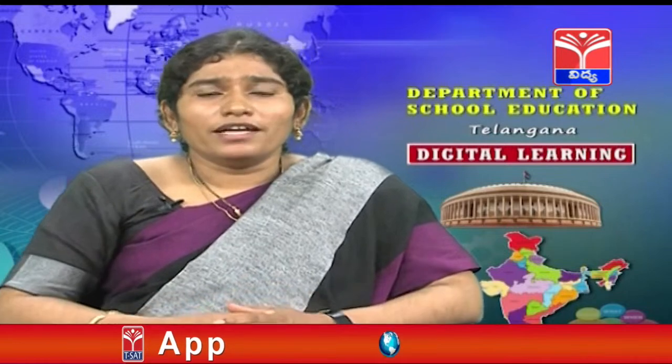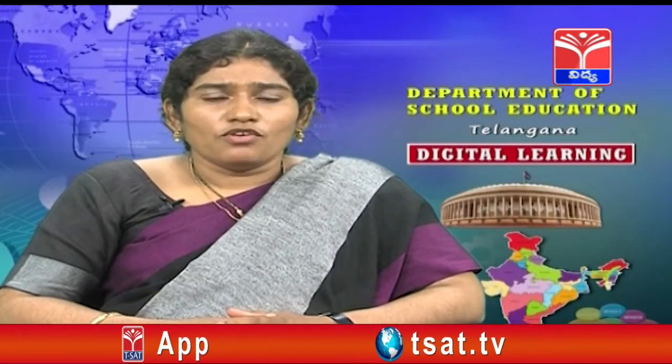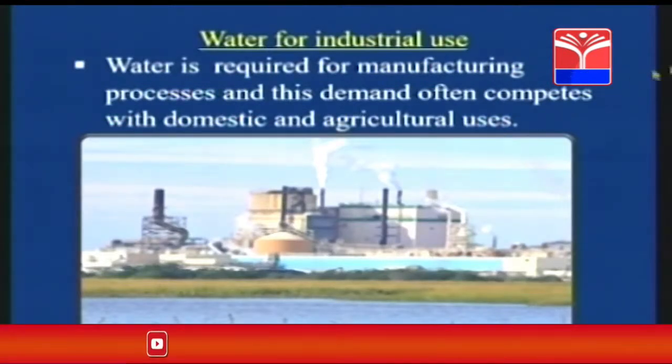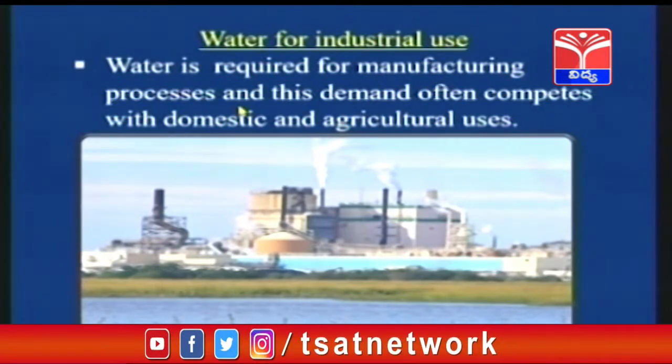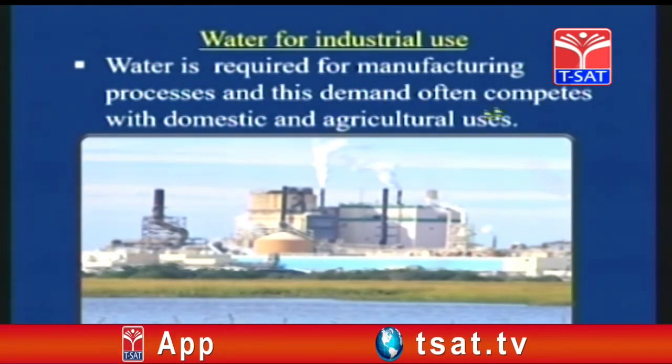Children, water is also used for the industrial purpose. So, water is required for the manufacturing process, that is for washing, for production processes. Water is the most important, whereas this demand often competes with domestic and agriculture uses.